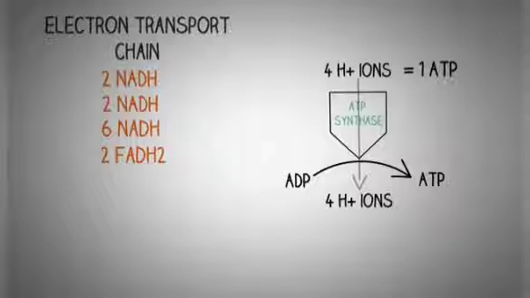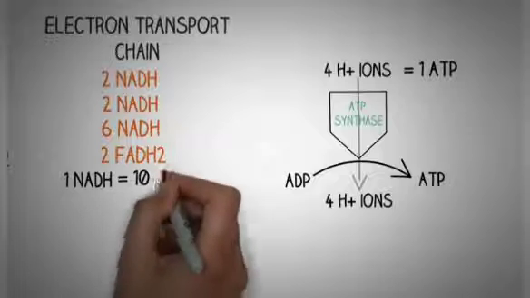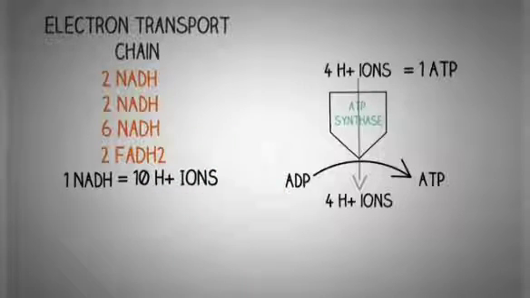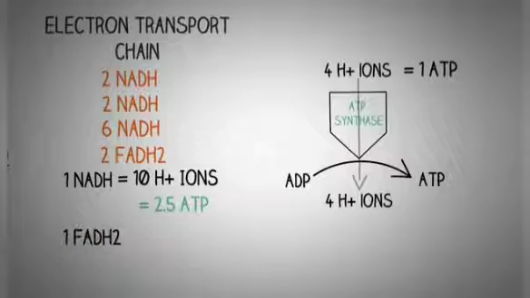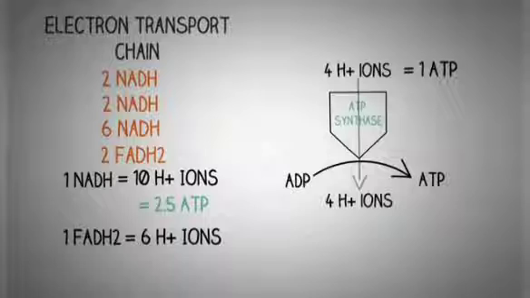Now 1 molecule of NADH, which donates its electron to the electron transport chain, causes the movement of 10 hydrogen ions from the matrix to the intermembrane space. These hydrogen ions, when they flow back through the ATP synthase, give rise to 2.5 ATPs. In a similar way, one FADH2 causes the movement of 6 hydrogen ions to the intermembrane space, which when moved back give rise to 1.5 ATPs.